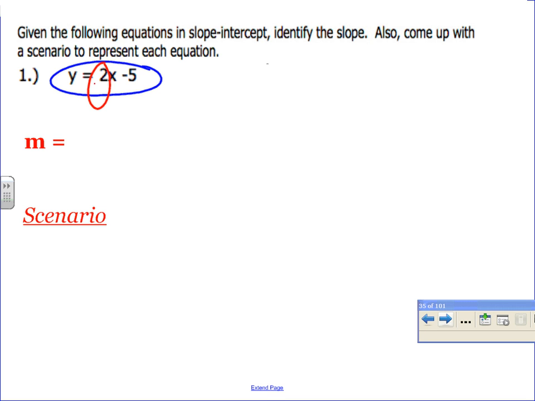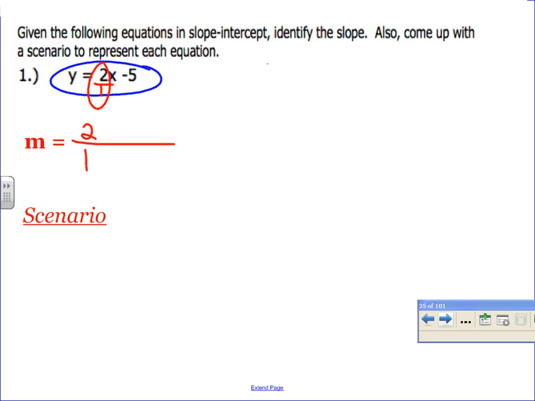It's a whole number, but every whole number always has a 1 on the bottom. So the first thing I want you to do is write down your 2 over 1 for your slope, which we also can call the rate of change. And I'm going to keep that long line there because we're going to end up putting our words there after we write the scenario for what the slope actually means.